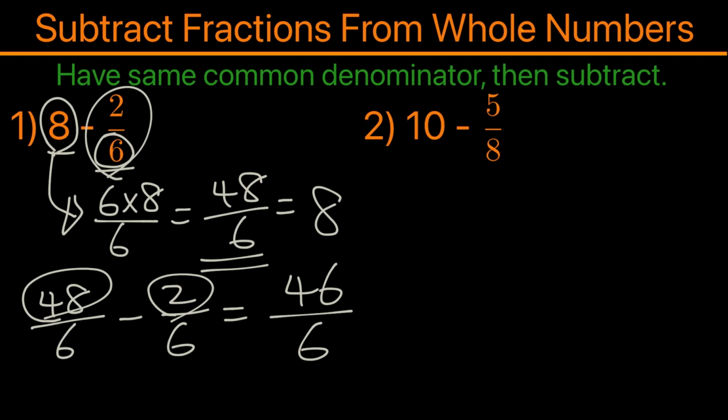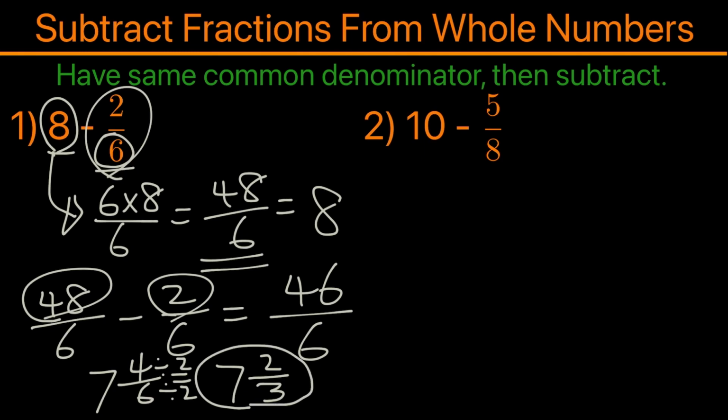Now 46 over 6 is an improper fraction, so if you were to divide 46 by 6, we would have a whole number of 7 and then 4 over 6. 4 over 6 can be simplified to 2 over 3. That means the answer would be 7 and 2/3.